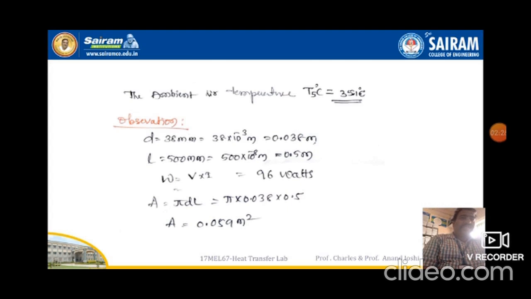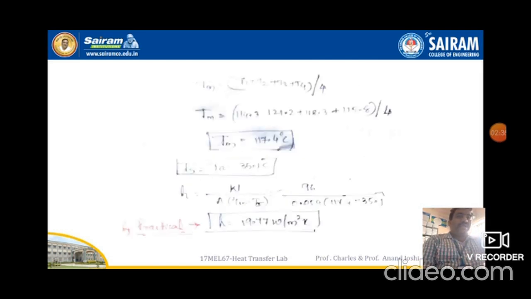The area is pi d l, that is pi into 0.038 into 0.5, which gives 0.059 meter square. Next, the mean temperature is T1 plus T2 plus T3 plus T4 divided by 4, so you get 117.4 degrees centigrade. As usual, the ambient temperature T5, that is Ta, is 35.1 degrees centigrade.